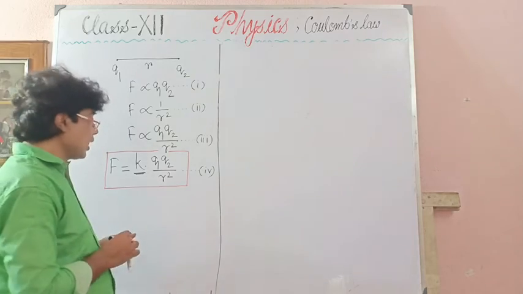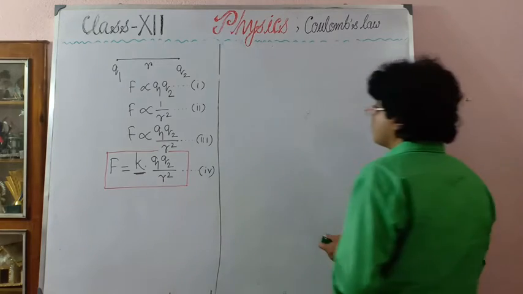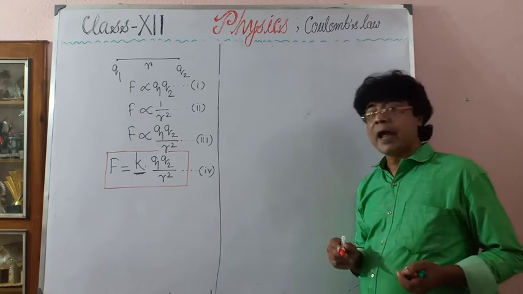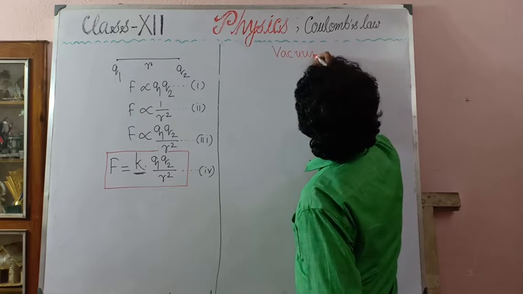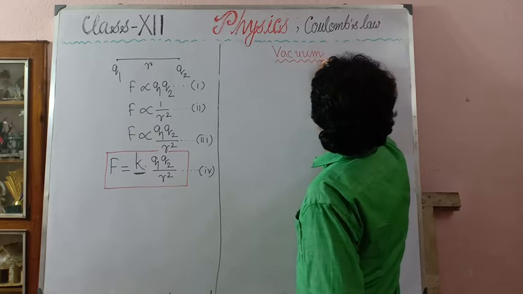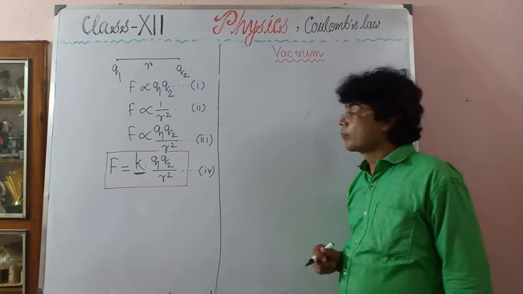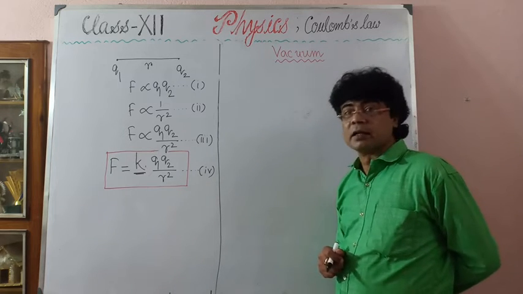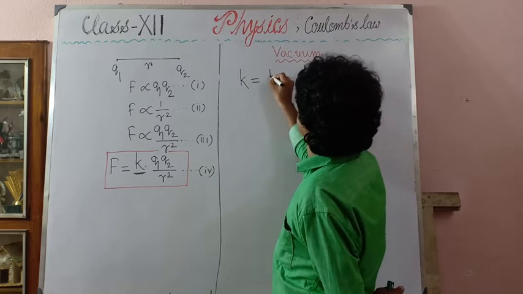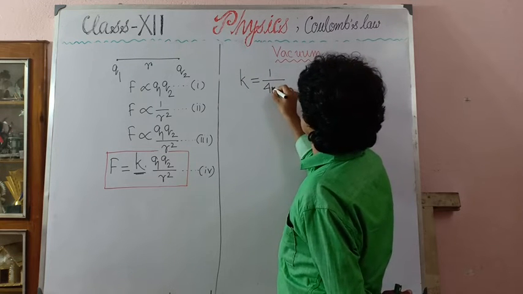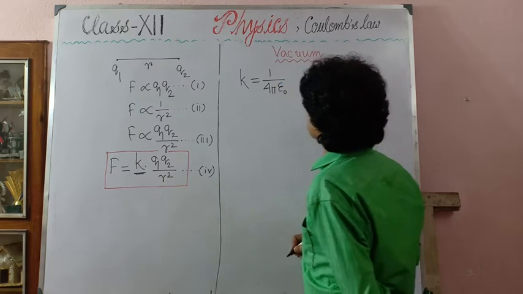Now, if we consider the two point charges situated in vacuum, then the electrostatic constant K in SI units is written as K equals 1 by 4 pi epsilon 0.